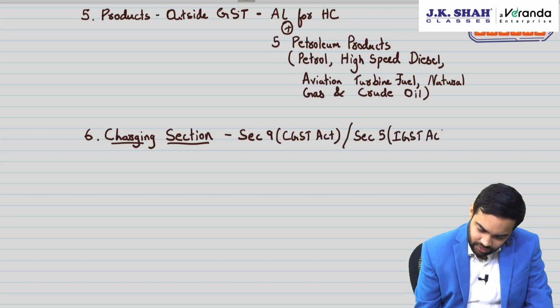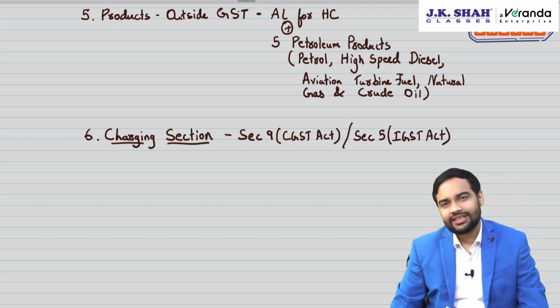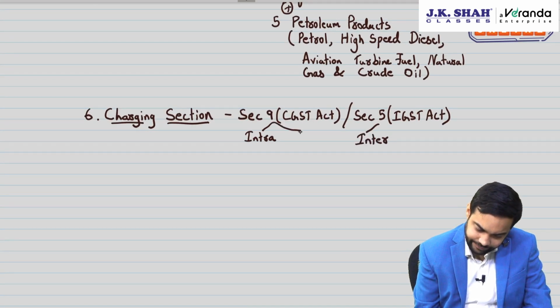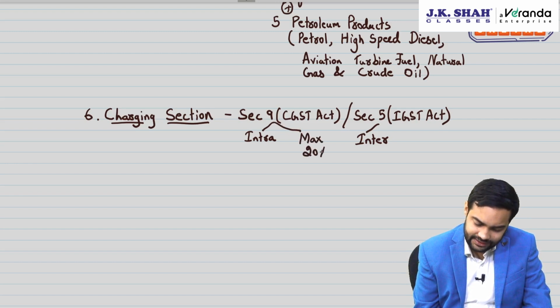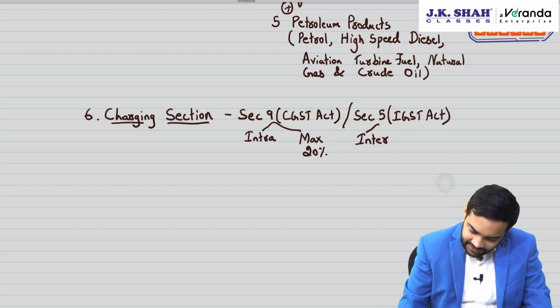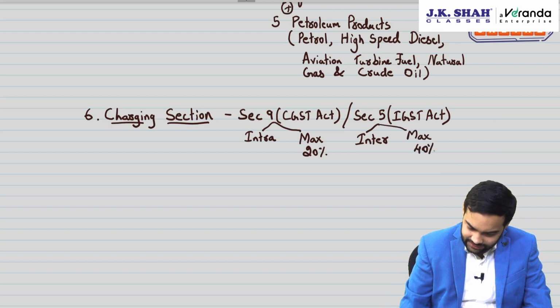The striking difference between 9 and 5 is that 9 deals with intrastate supply, while 5 deals with interstate supply. Section 9 deals with a maximum rate of 20% which can be applied on goods or services as recommended by the GST Council. But the maximum rate under IGST is 40%.